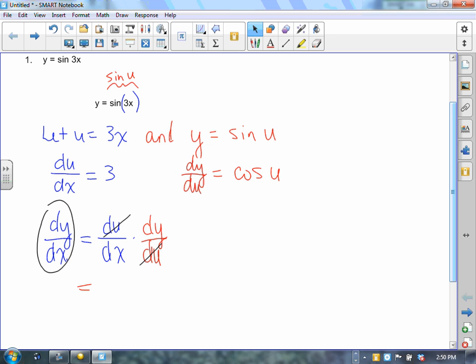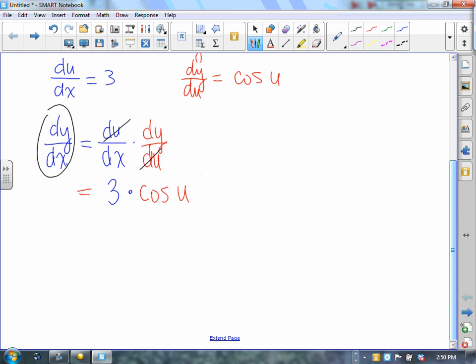So let's insert the expressions we've come up with. That would be 3 multiplied by the cosine of u. Now that's not necessarily dy by dx. What we do need to do is this is dy by du, given the variable we have here.